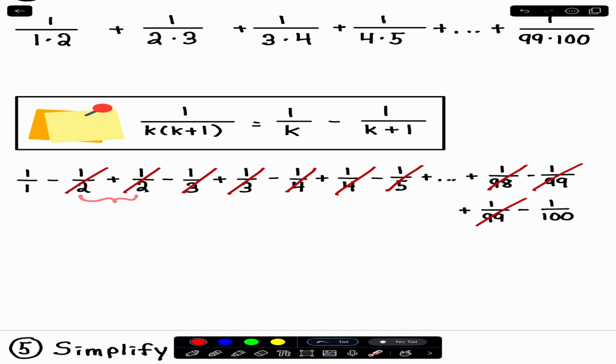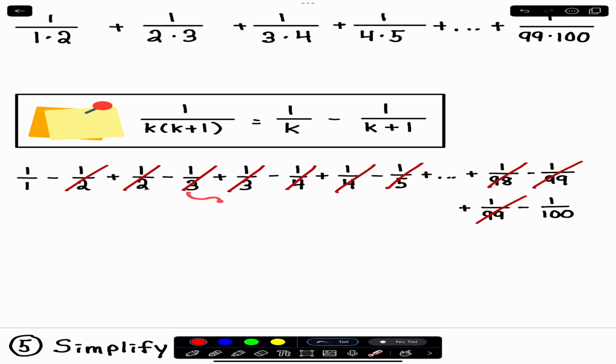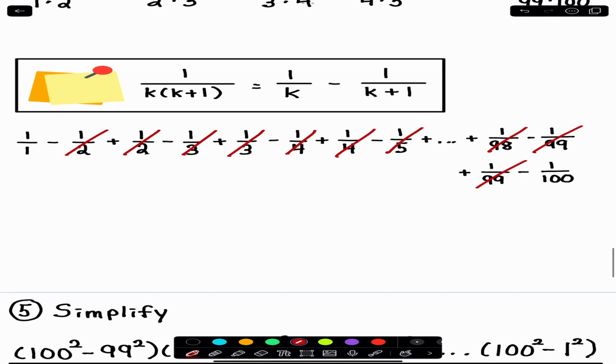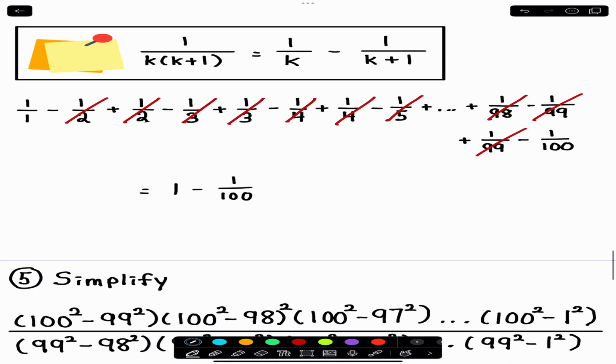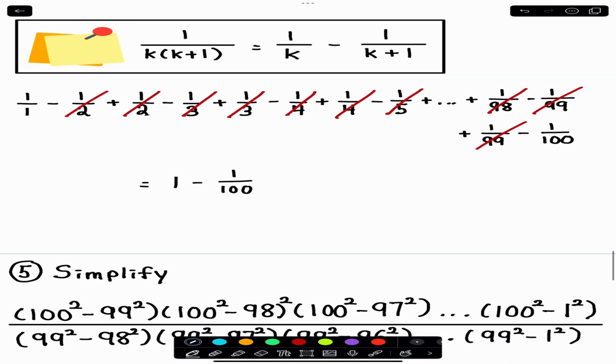Negative 1 over 2 plus 1 over 2 is 0, negative 1 over 3 plus 1 over 3 is 0, so on and so forth. In the end, we are left with just 2 terms, the first and the last. And this is a lot easier to work with because 1 minus 1 over 100 is just equal to 99 over 100. So this is our final answer for this problem.